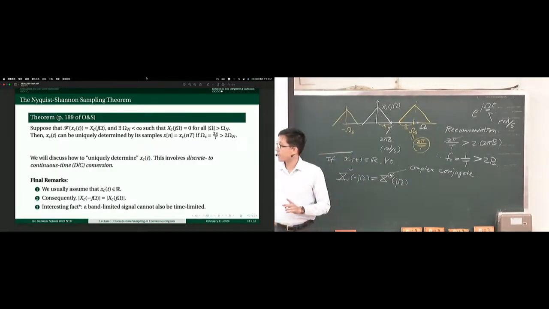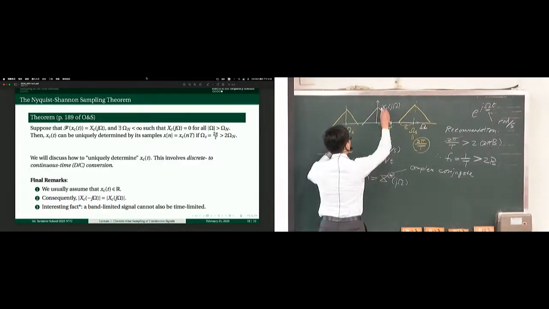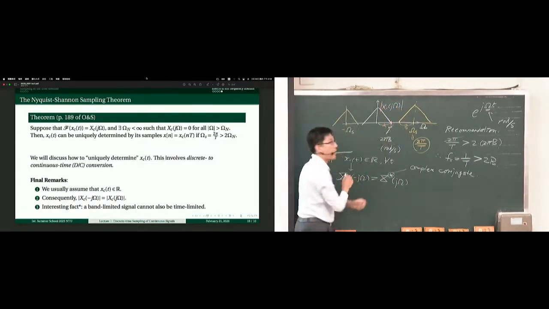But now we have a slight problem. When we draw a sketch like that, often we need to remind ourselves that this is not entirely correct, because whenever we're drawing the imaginary part, strictly speaking, I should tell you that this is after taking the absolute value.